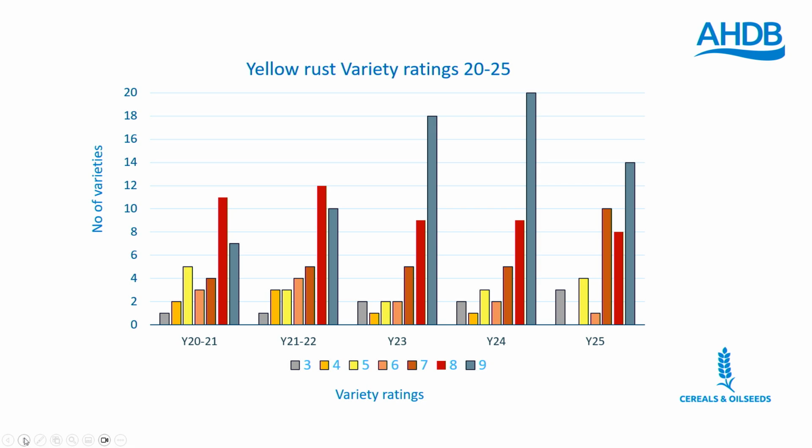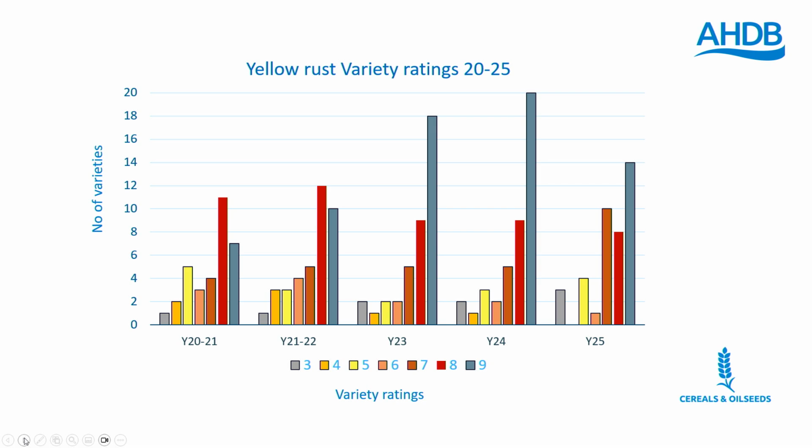So I put this slide in every year, actually. It shows the variety ratings in the recommended list, and encouragingly, these are the ratings at the bottom, so those are the colours of the columns. This is starting in 2020 and moving on to the 25, 26 list.